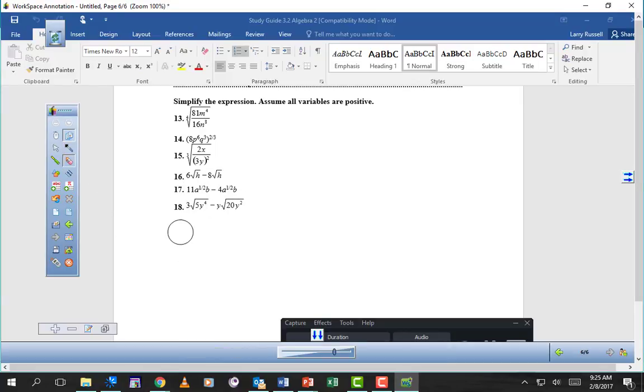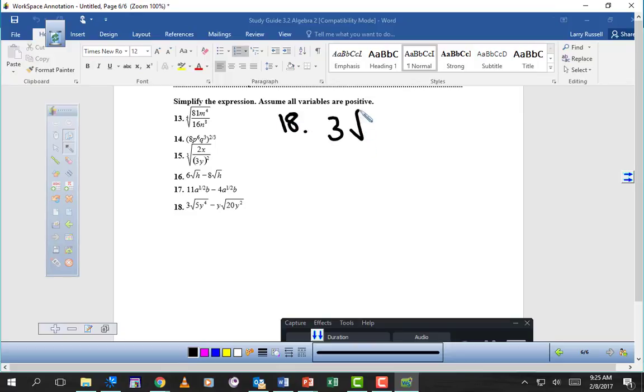Well, since these are square roots, what we'd like to do to simplify it is to find perfect squares. So let me rewrite this up here so we can see it a little bit better. We have 3 times the square root of 5y to the fourth power minus y times the square root of 20y squared. Now when you examine the radicand under this square root here, I can see quickly that 5 is not a perfect square.